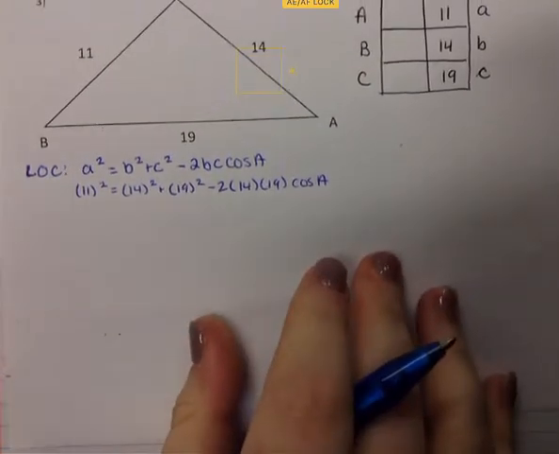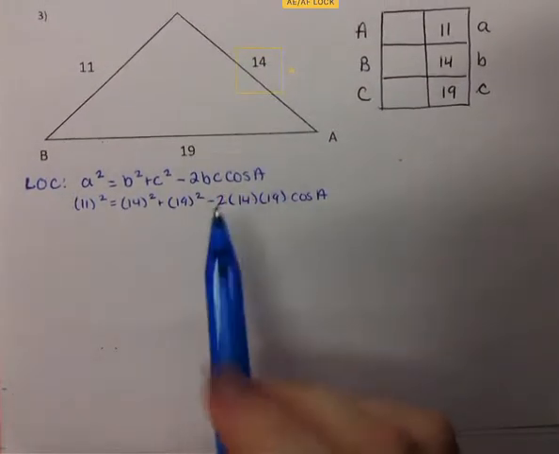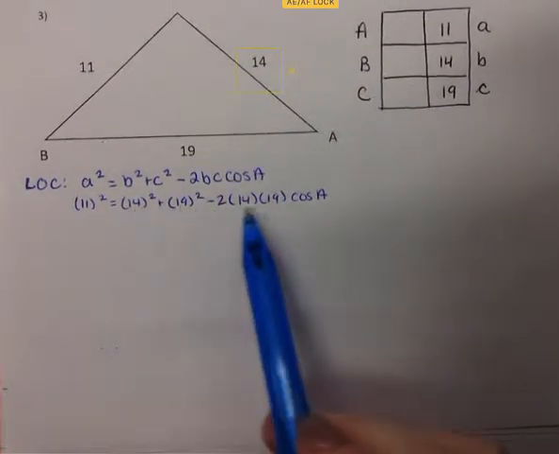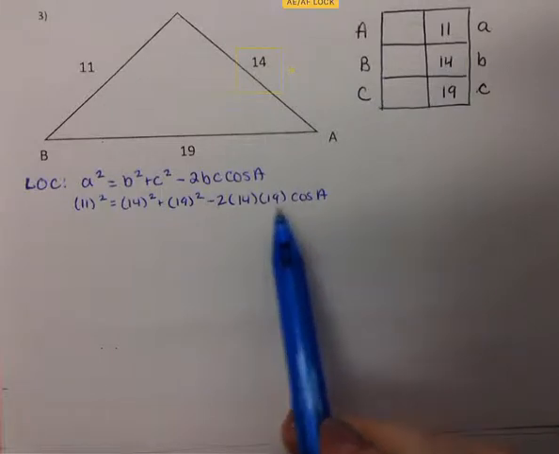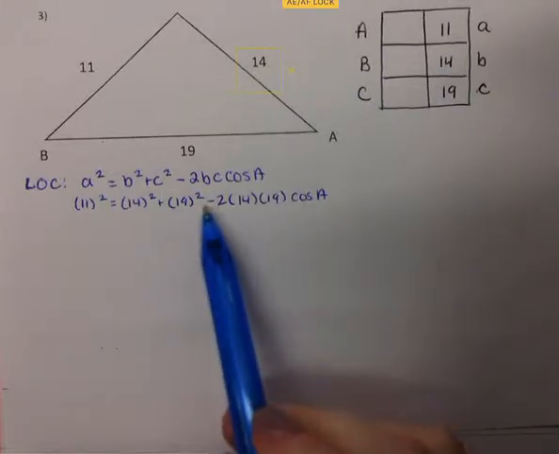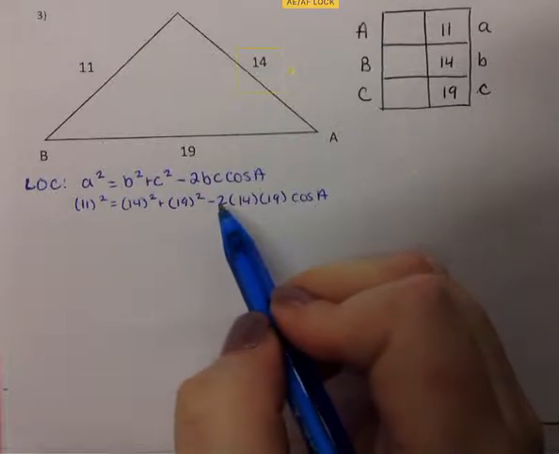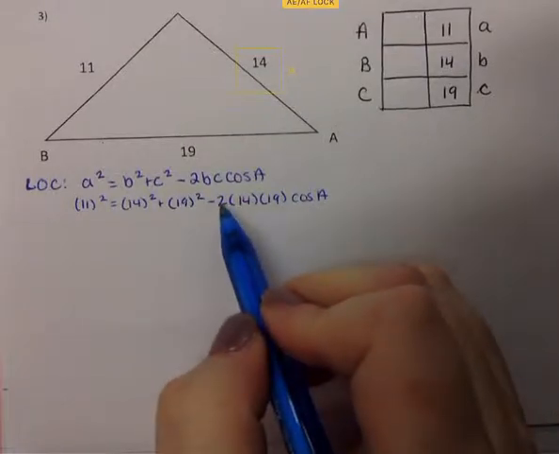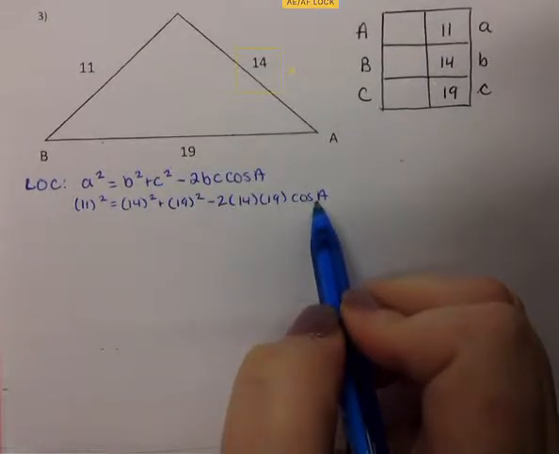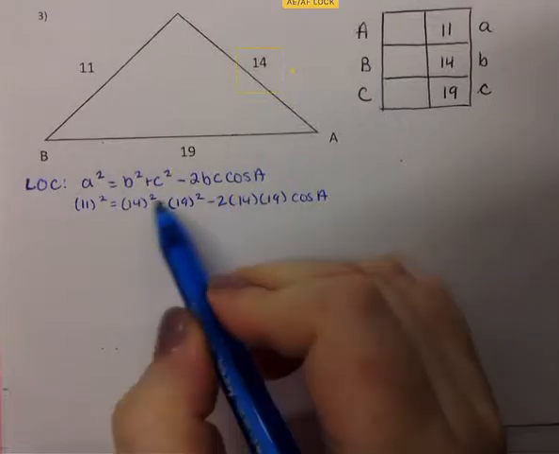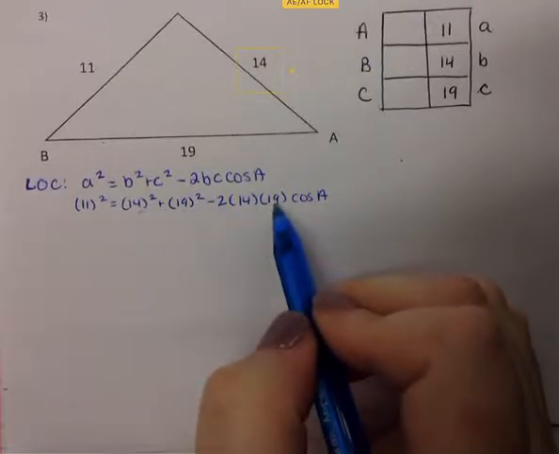Now this is really important to be careful on. You cannot plug all of this into your calculator because this is not all addition and subtraction. This 2, 14, and 19 are all multiplied to the cosine of A. So you cannot just put this part into your calculator.